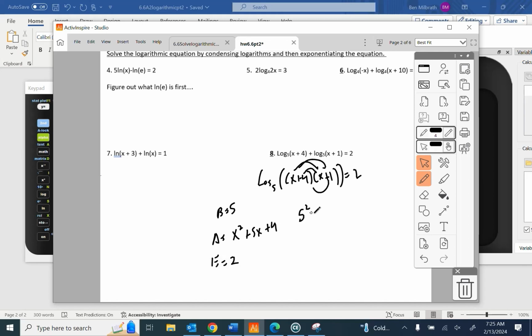So 5 squared must equal x squared plus 5x plus 4. This makes 25, I believe. Yeah, it does. x squared plus 5x minus 19 is 0 because I shifted that right because I want my x squared to stay positive. And I know of no factors of 19 that add to 5. So it's QF time.